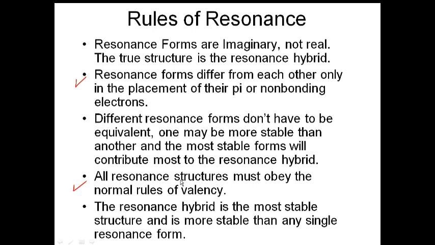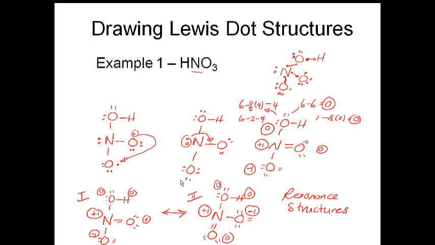Now what we need to do is learn about this resonance hybrid. So let me go back here to my nitric acid example, and I'm going to pull up a blank screen.